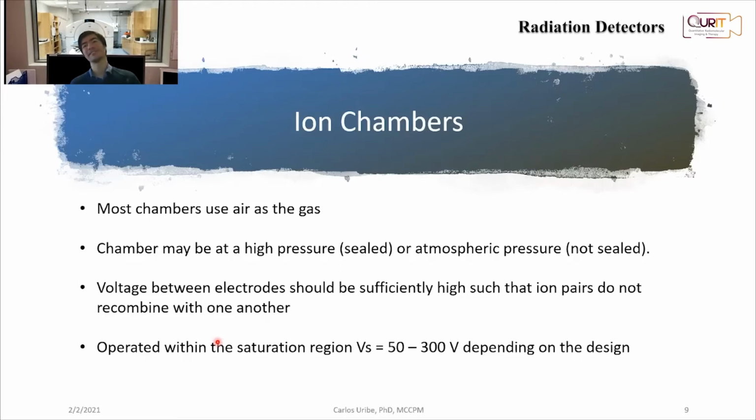So it's not sealed, it's just at atmospheric pressure. Now the voltage between the electrodes should be high enough that the ion pairs do not recombine with each other. So again, that recombination region, we now want to collect all the charges. We don't want some of them recombining and losing them in the process. So that voltage tends to be in the order of 50 to 300 volts, depending on the particular design of the chamber.